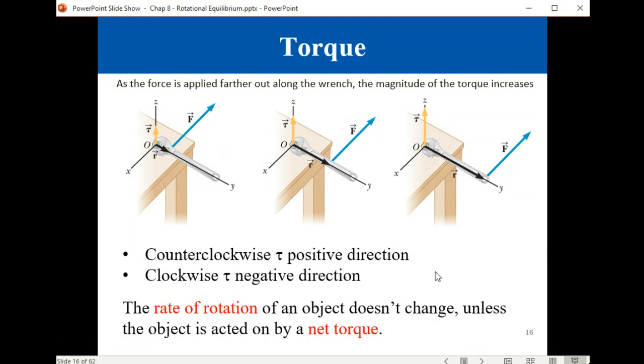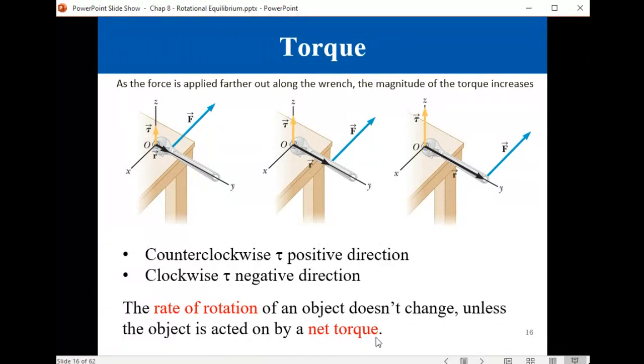So now we understand that the only way to create rotational motion is to apply a torque, and the rate of rotation of an object does not change unless the object is acted on by a net external torque.